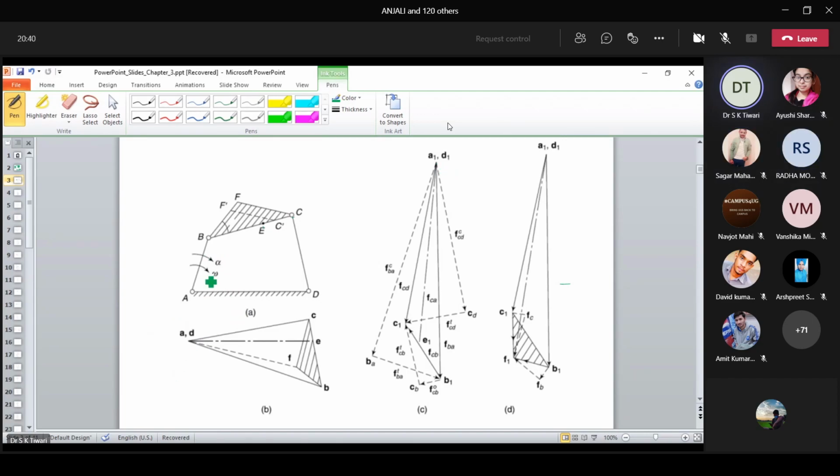Now, DA is the driver link. Since it's having both the angular acceleration, apart from having the angular velocity in the clockwise direction, it is also having the angular acceleration in the clockwise direction. Therefore, it is bound to have both the components of acceleration. Am I right?